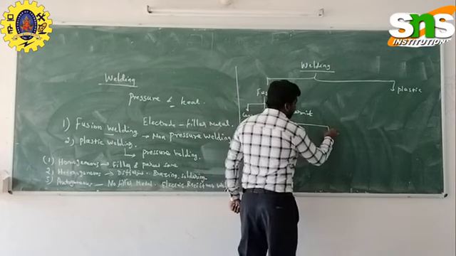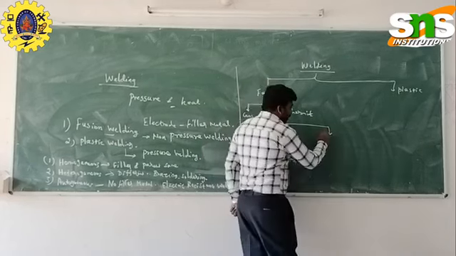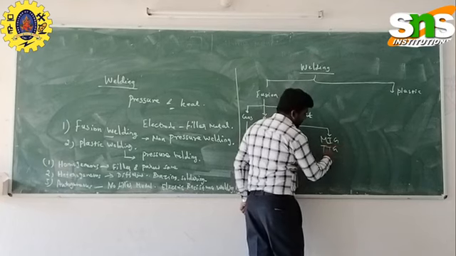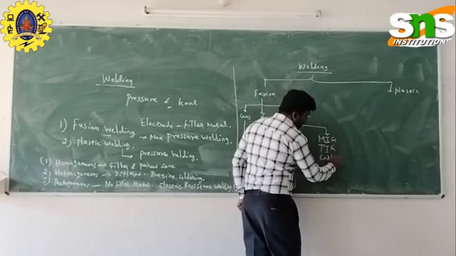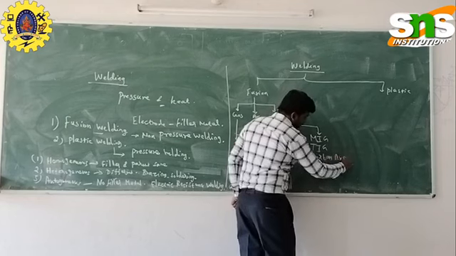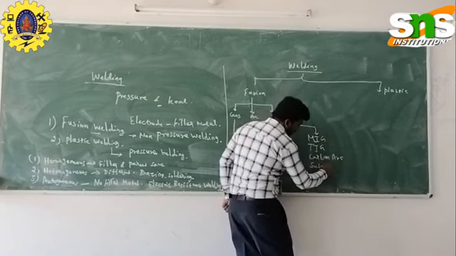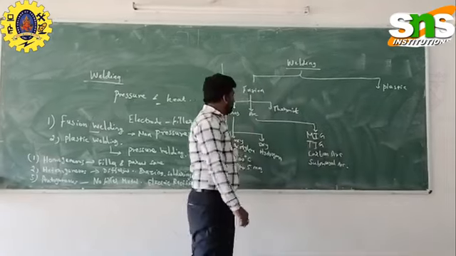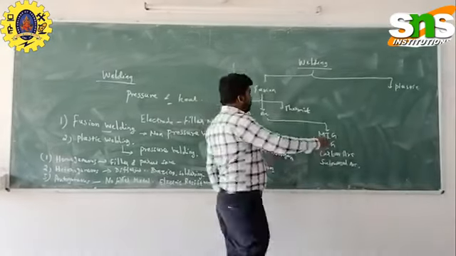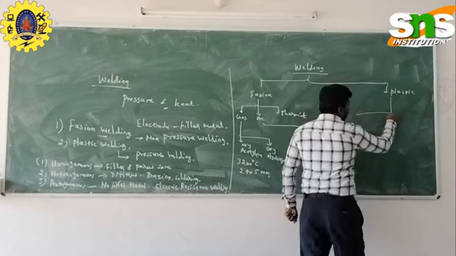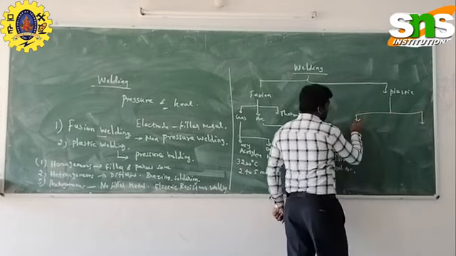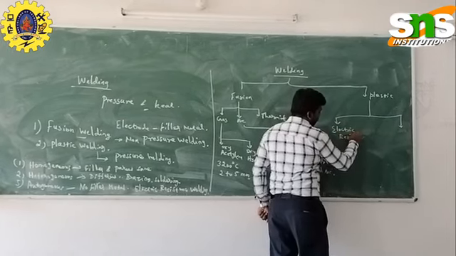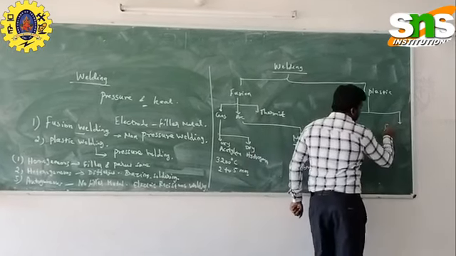The arc welding is further classified into many types: metal inert gas welding, tungsten inert gas welding, carbon arc welding, and submerged arc welding. These are the types of arc welding. Plastic welding is classified into two types: electric resistance welding and forge welding.